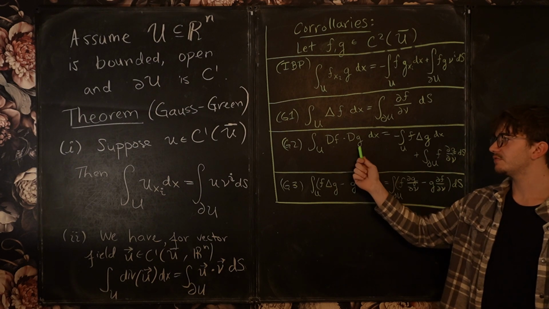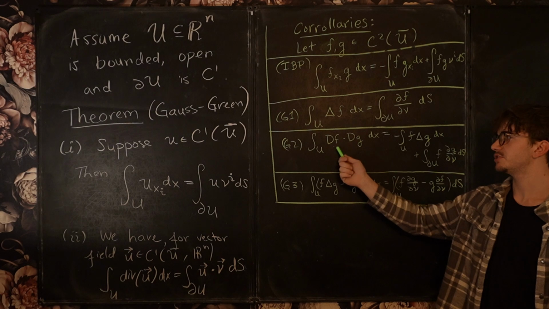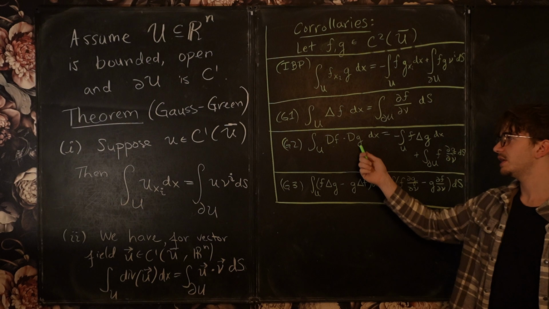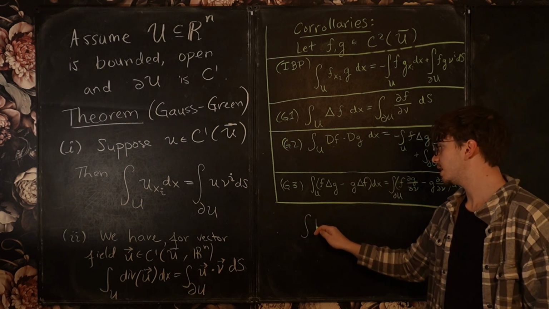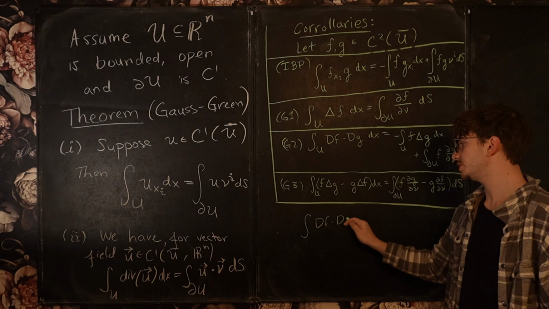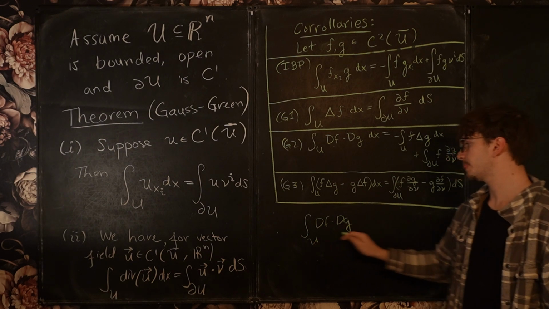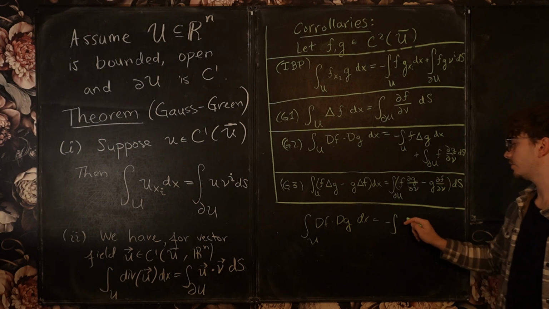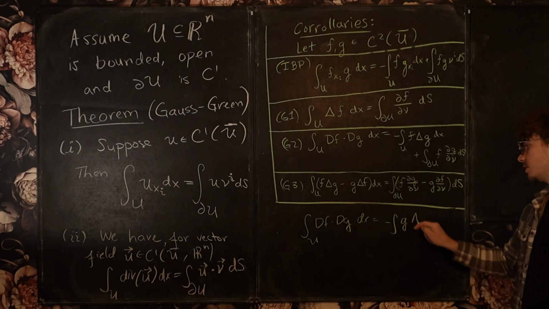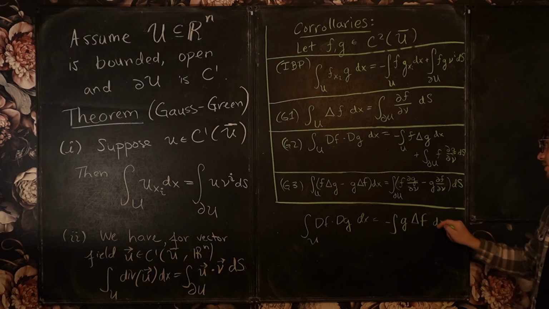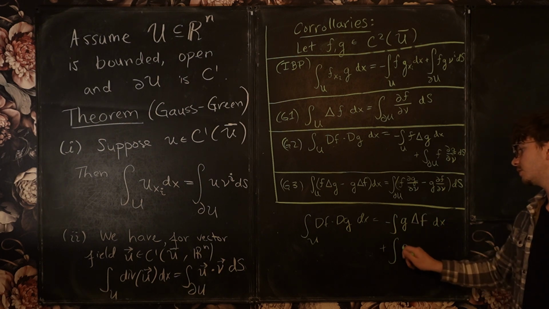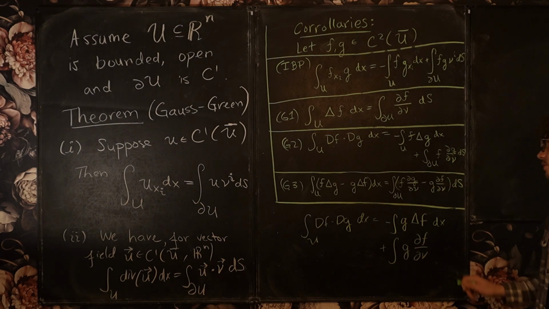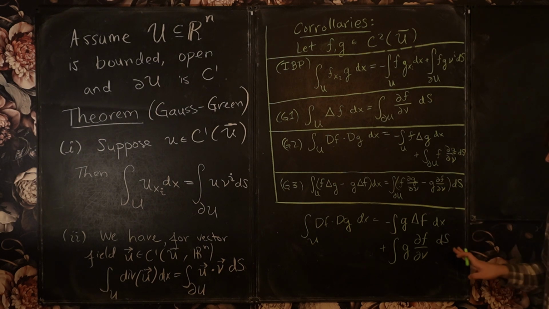Because the left-hand side of this second formula is symmetric with respect to f and g, I can interchange the roles of f and g in G2, so I can also write the integral over U of Df dot Dg dx as the integral of g Laplacian f dx plus the integral over the boundary of g times the directional derivative of f with respect to the outward normal direction, dS.